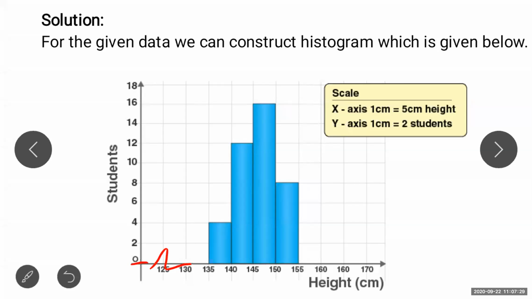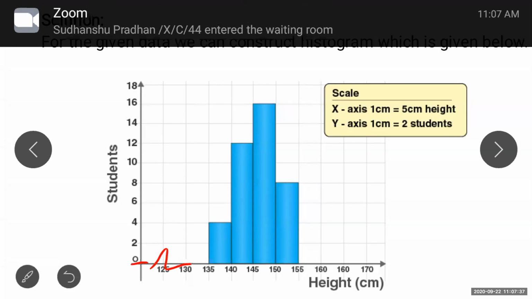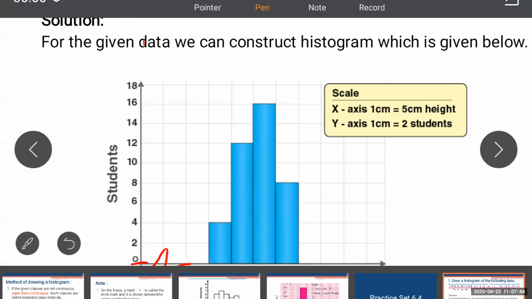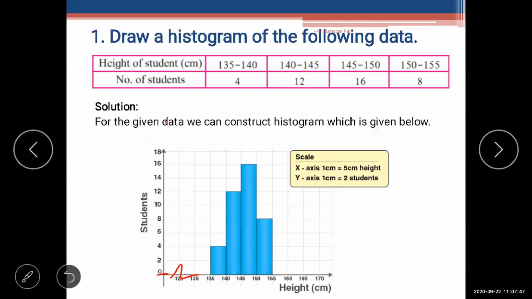Okay? Sure now? Now see here, 135 to 140. In the chart, we can see 135 to 140, only 4 students are present. So up to 4 you have to take, and then you have to draw this way. Okay?